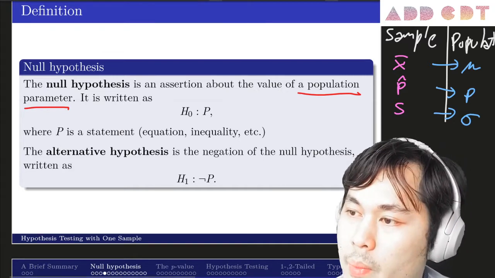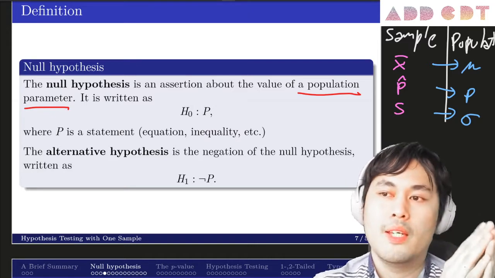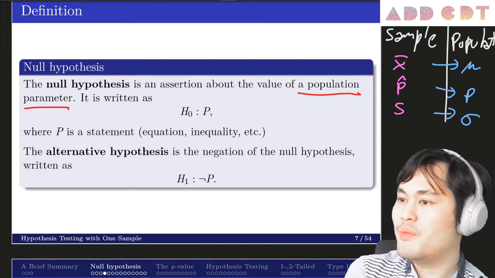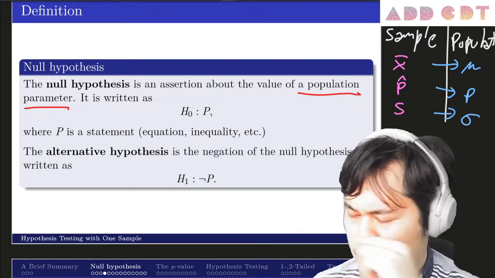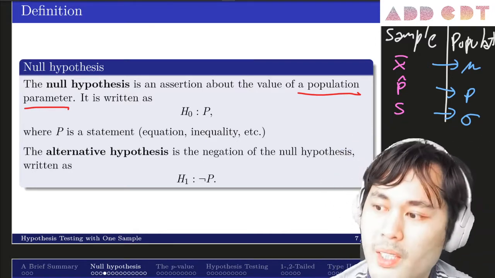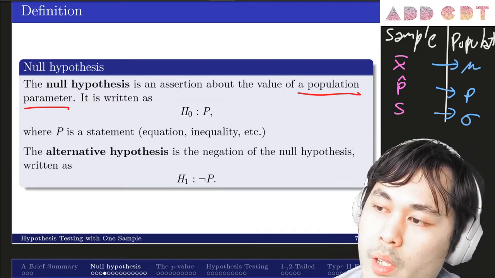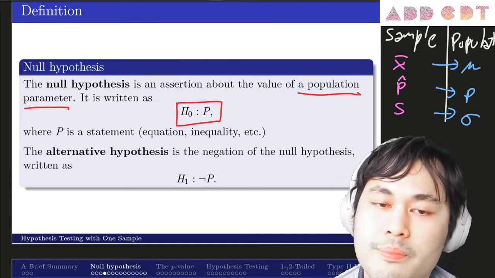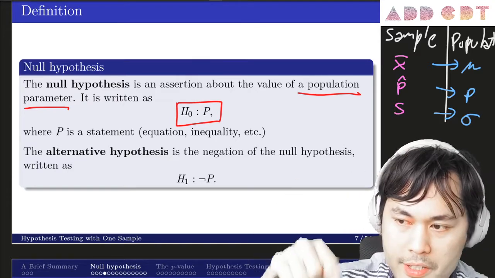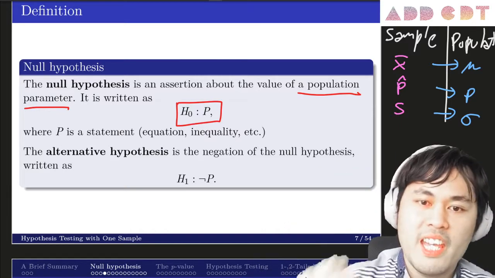So we are trying to make an assertion, to assume something about the right column, which we will never get. We will never know what it actually is, but we are trying to make an intelligent guess on what it should be. First of all, H0 or H null is just a name.